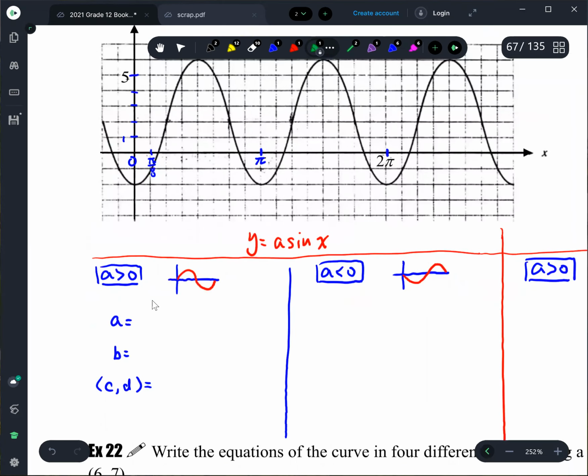Your starting point, right? 1, 2, 3, 4, 5, right? Your 5 points should look something like that.